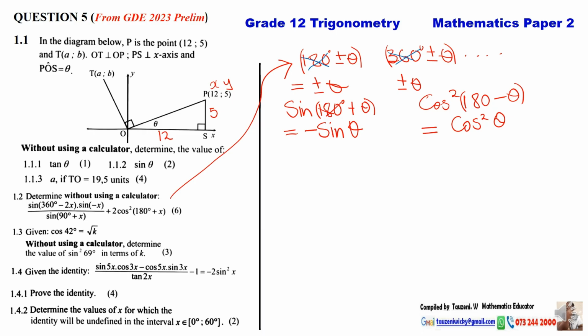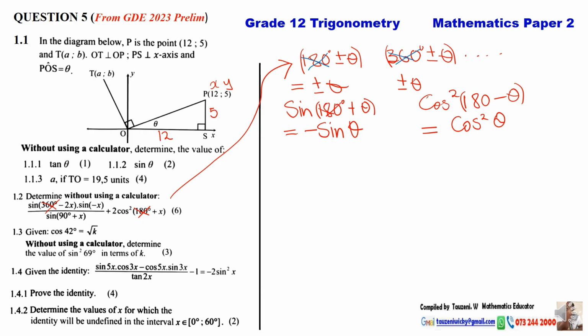Remember those kind of things. Reduction formulas are always a part of our calculation. So in question 1.2, the 360 falls away, the 180 falls away. I'm going to use the reduction formulas for those two expressions.